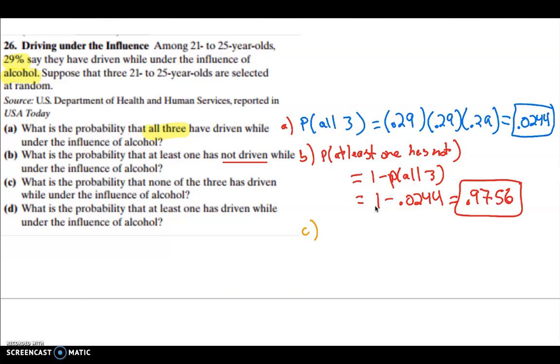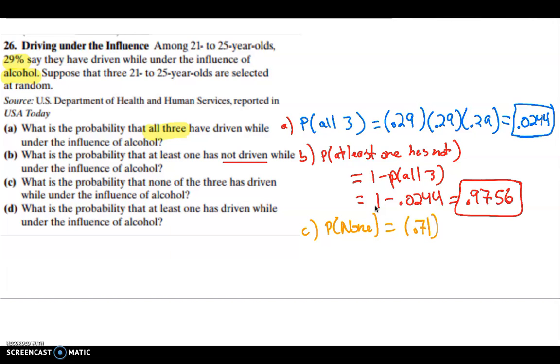All right, part C, what's the probability that none of the 3 has driven while under the influence? Well, if there's a 29% chance that an individual says they have driven while under the influence, then the complement of that would be 1 minus 29%, or 71%. So it would be 0.71.